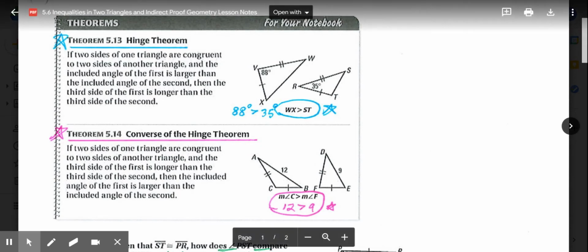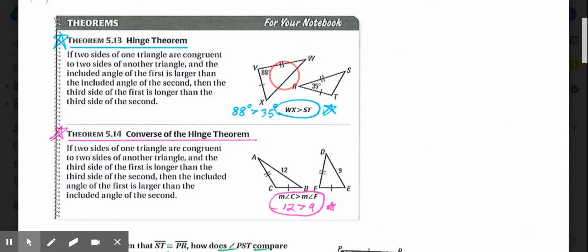In this case, side VW is congruent to RS, VX is congruent to RT, angle V is 88, angle R is 35. So the side opposite the 88, side WX, would be greater than ST.